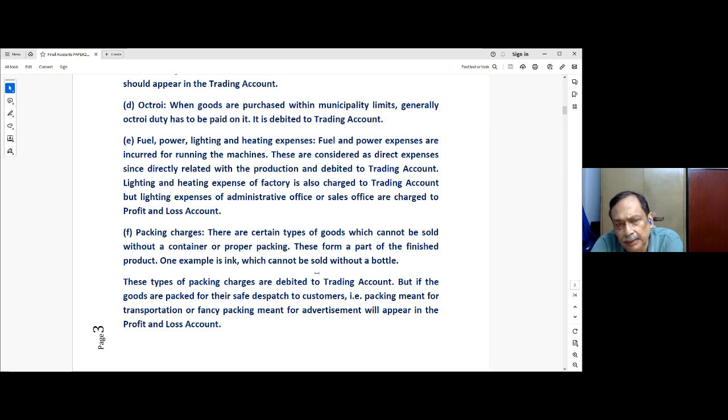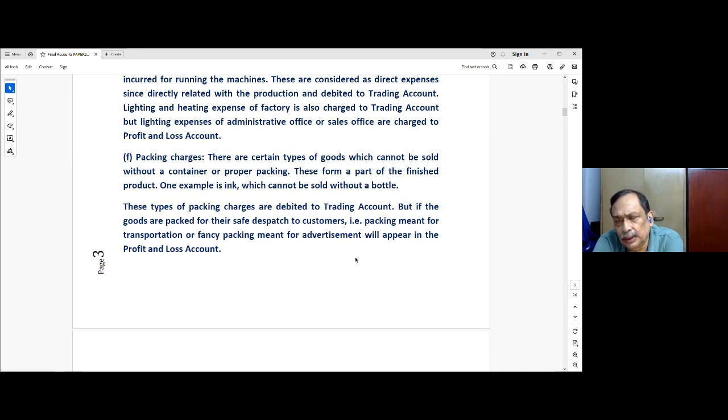Then we are coming to the next item, that is called packing charges. There are certain types of goods which cannot be sold without a container or proper packing. These form a part of the finished product. One example is ink, which cannot be sold without a bottle.